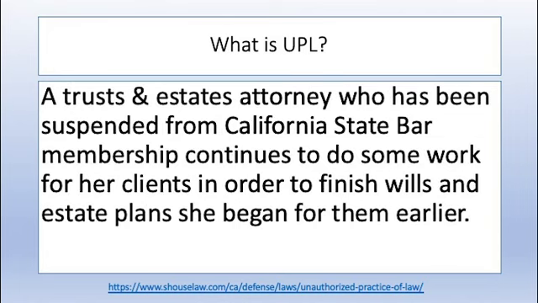And then finally, a trusts and estates attorney who's been suspended from the California State Bar continues to do work for clients in order to finish wills and estate plans that she began for them earlier. In a situation like this, you could say, well, they should just find another attorney.